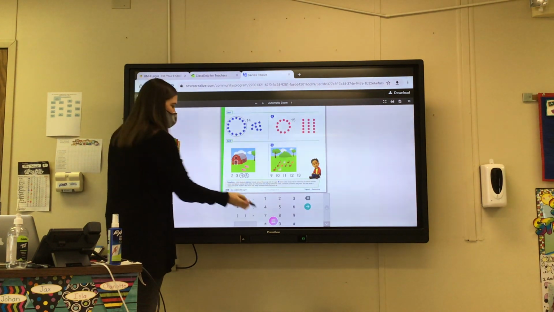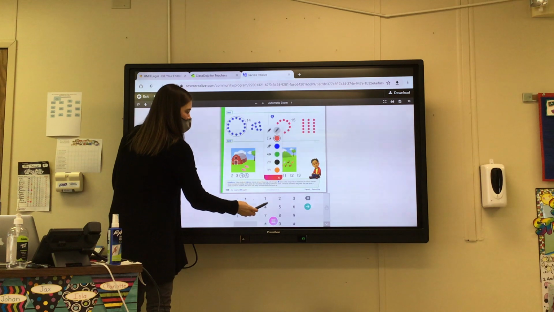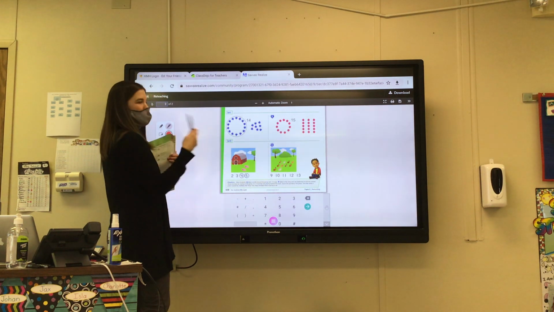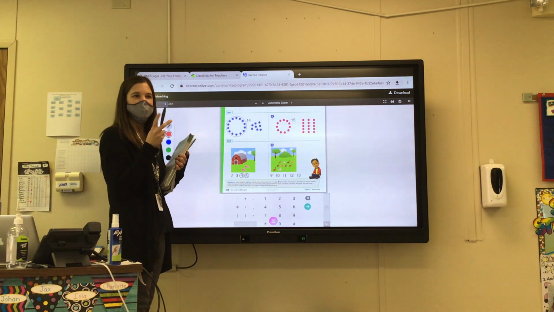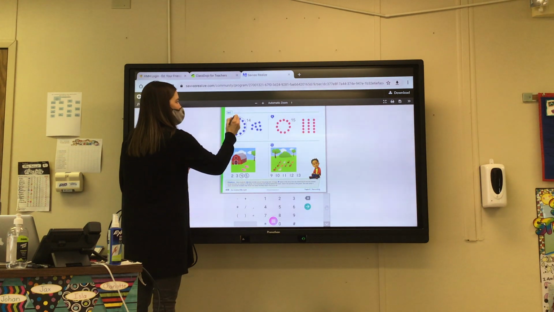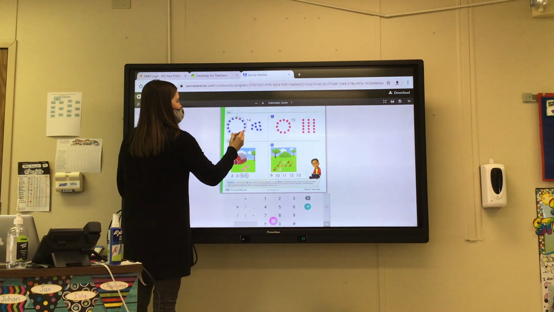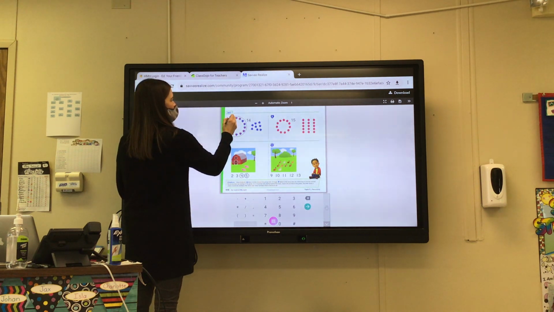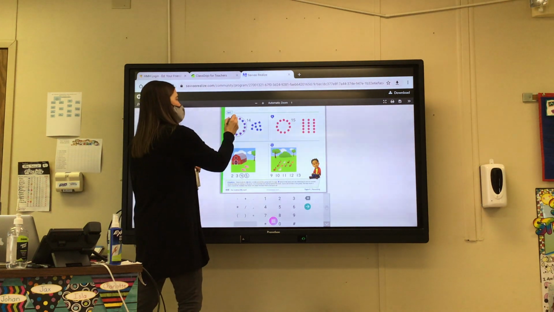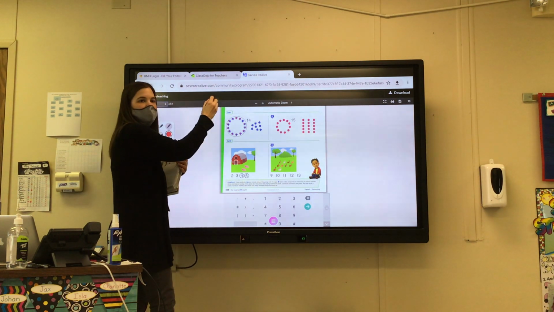Let's count the bugs. And remember, if you need to mark the bugs to help you know which bug you started on, that is a good idea too. So let's start at the top here and write 1, 2, 3, 4, 5, 6, 7, 8, 9, 10, 11, 12, 13, 14. There are 14 bugs there, so they circled it.